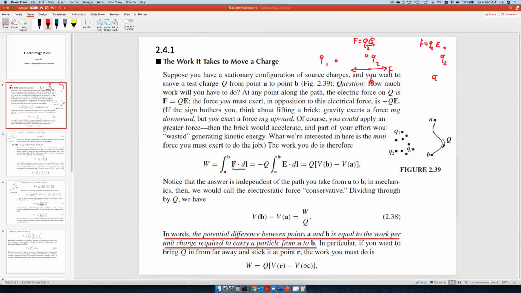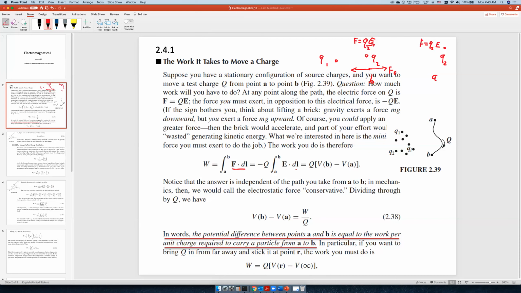And F equals negative QE, which is overcoming the electrical force. This is the electrical force, let's say Fe here, and your force should be in the opposite way, so it's negative QE.